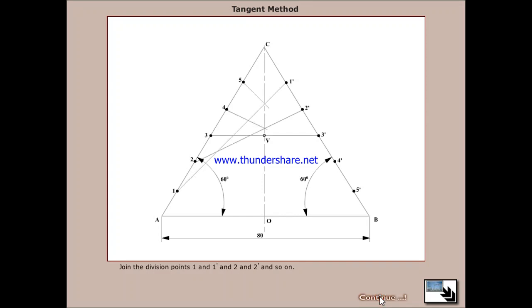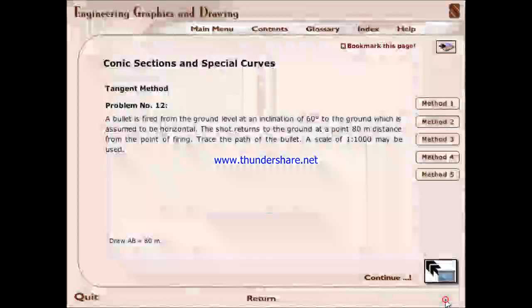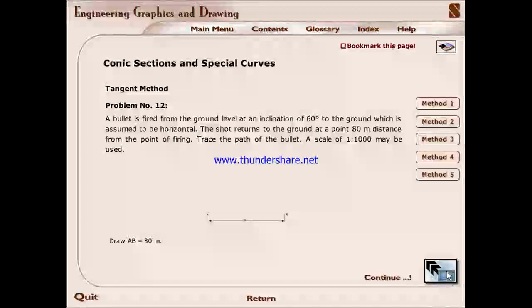Join the divisions 1, 1' and 2, 2' and so on. Now starting the curve from A, draw the curve tangential to these lines, which will result in the parabola. This is the tangential method.